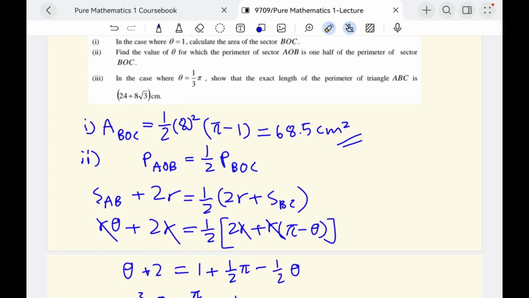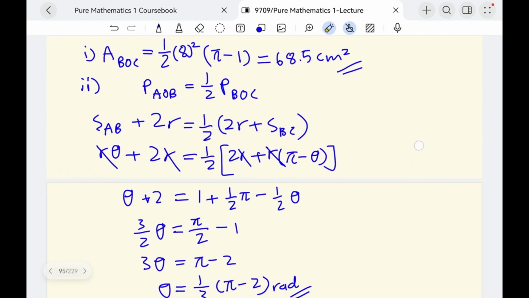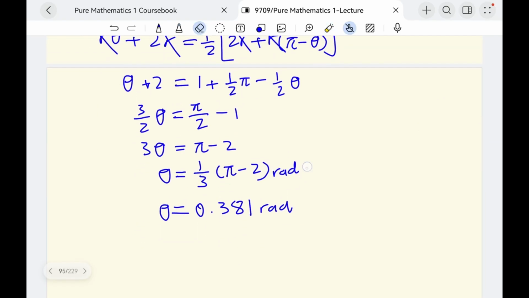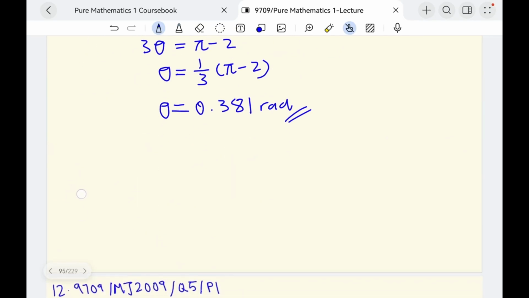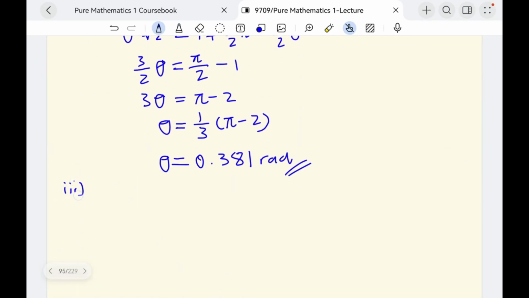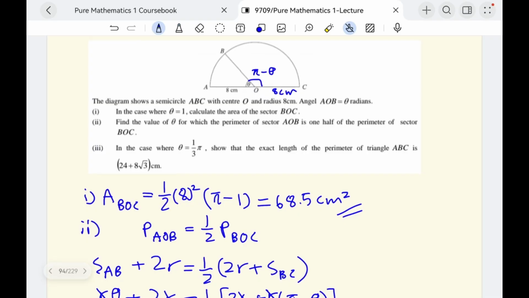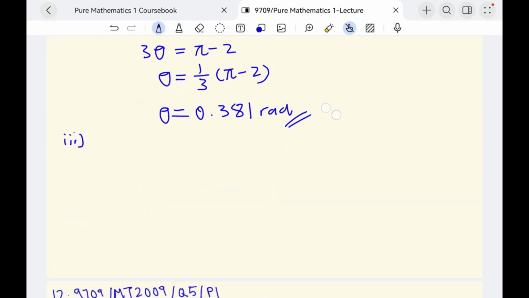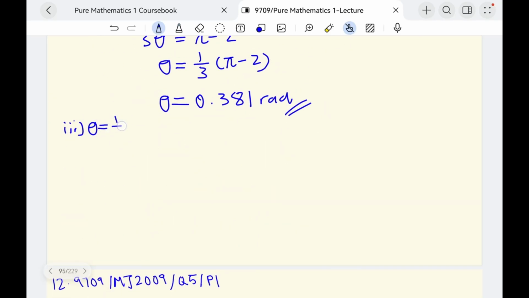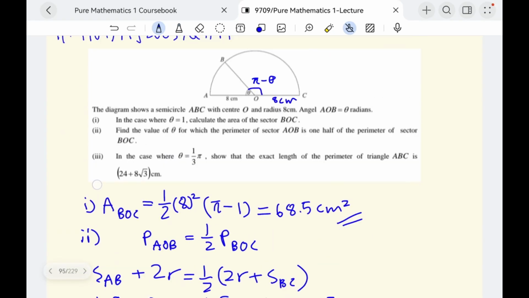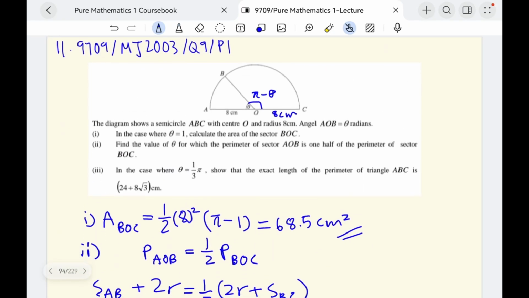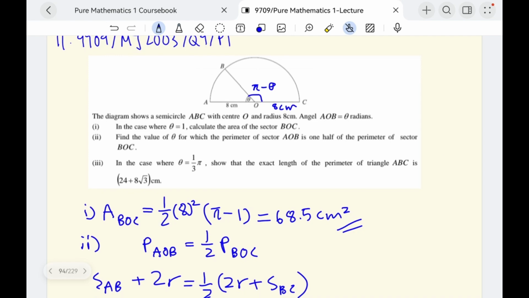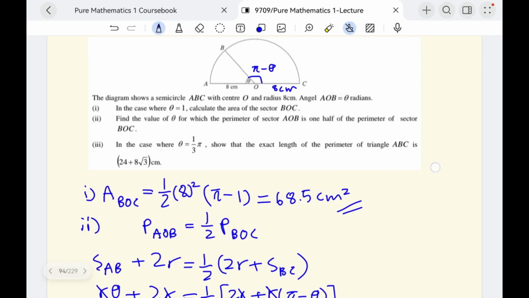There is a new case of theta for the third part, so it's fine for you to leave it in decimal form. Let's move on to the third part. In the case where theta equals pi over 3, show that the exact length of the perimeter ABC is 24 plus 8 root 3 cm.